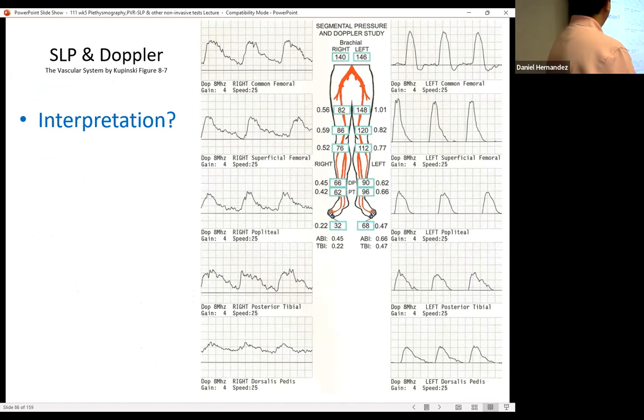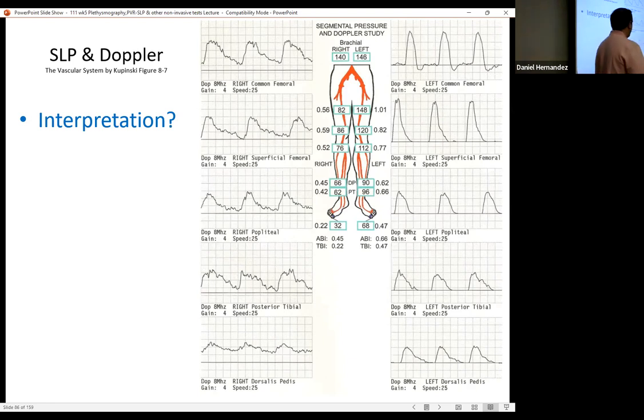So what about this guy now? Yeah, ABI is way low. First thing, go to your ABI, it's low on both sides.